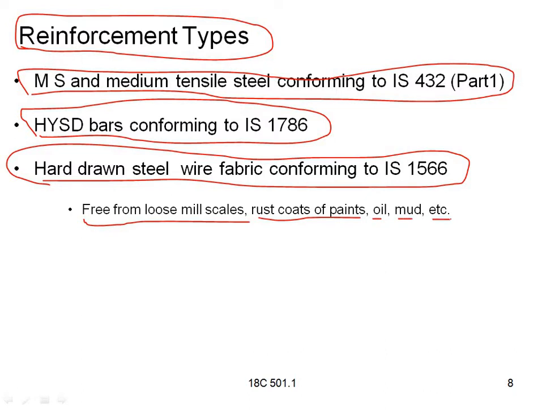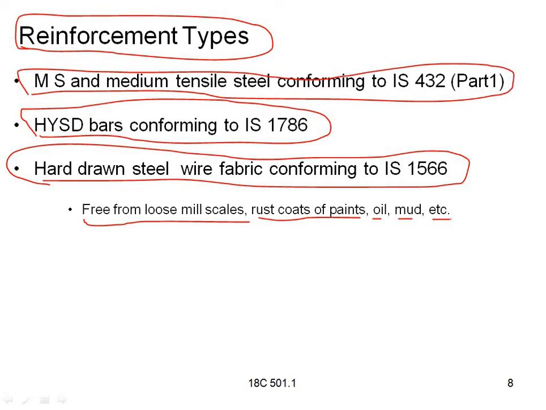Whatever steel we use in the construction should be free from loose mill scale. Loose mill scales means the steel bar should be very strong and durable. It should not have any cuttings, rust coats, corrosion or painting marks, and no oil or any liquid, and no mud should be attached to the reinforcement bar.